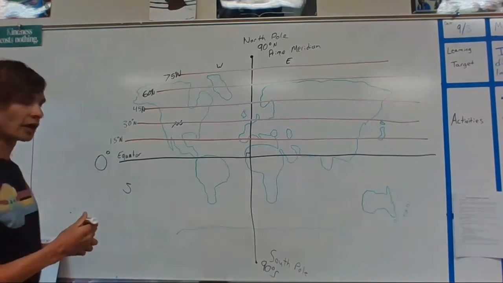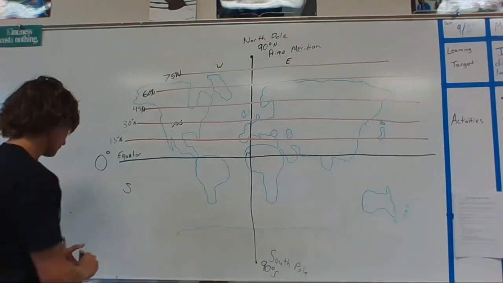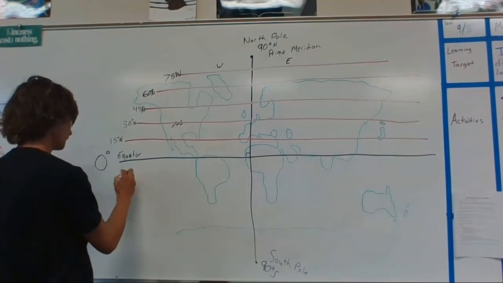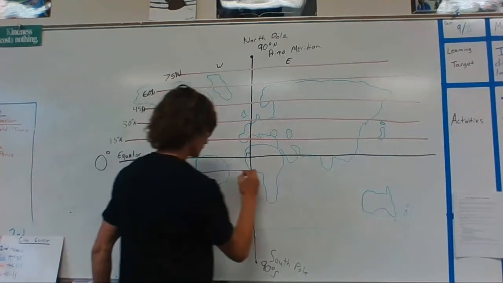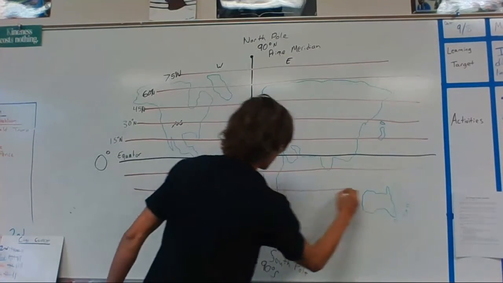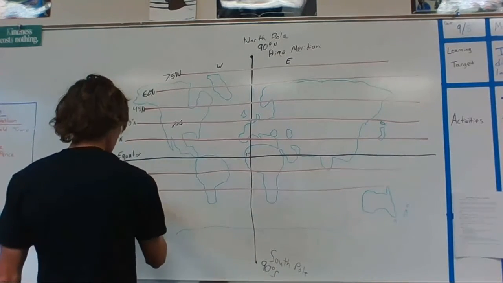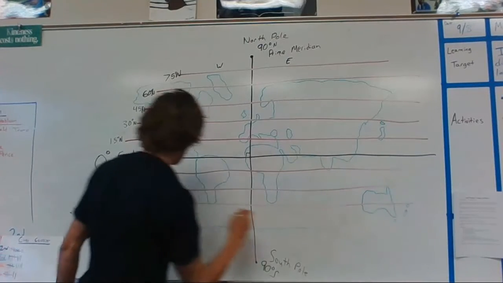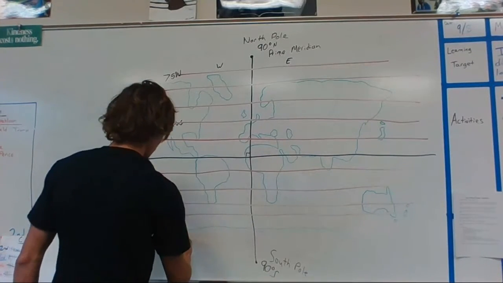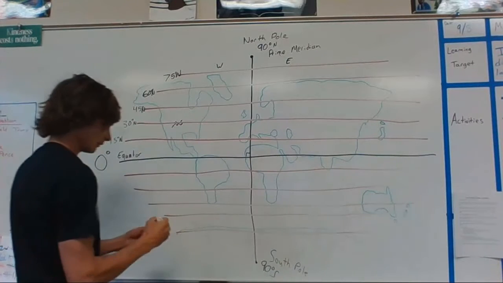And we can do the same thing going below when we go south. So let's put in our, you can do again 15, 30, 45, 60, 75, and then we hit 90.